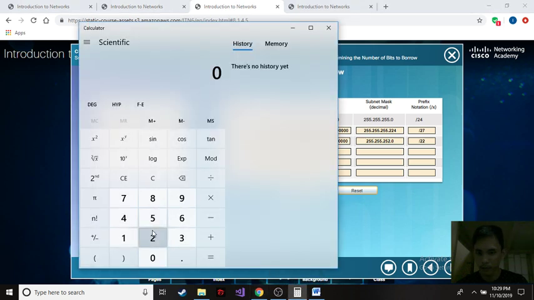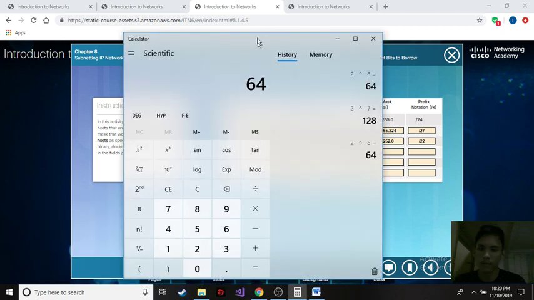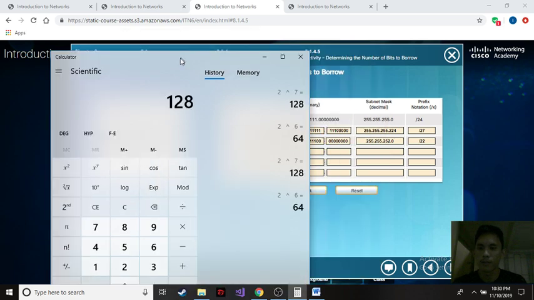So we'll just try 2 raised to 6, 64, no, 2 raised to 7, 128. So it is 2 raised to 7. So our bits borrowed should be 7.